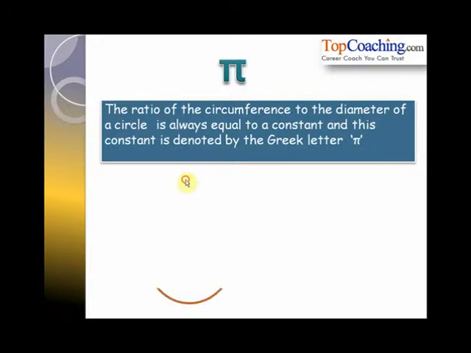Now let us say that this is a circle and this represents the diameter of the circle. Now let's say there are 2 points which are located diametrically opposite to each other. Now if we say that this point moves along the circumference and this point moves along the diameter, then the ratio of the distances traveled by these two particles is actually equal to pi.